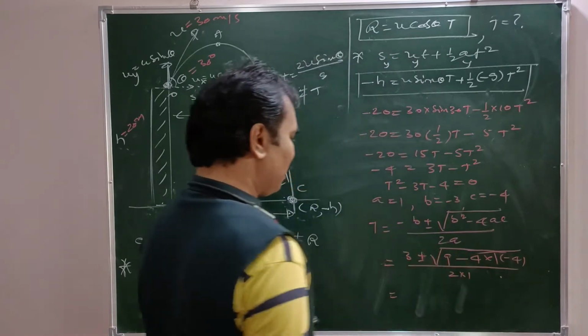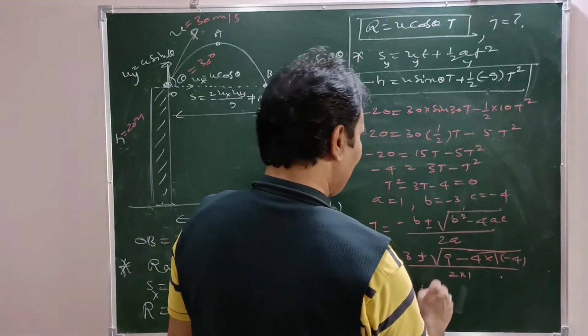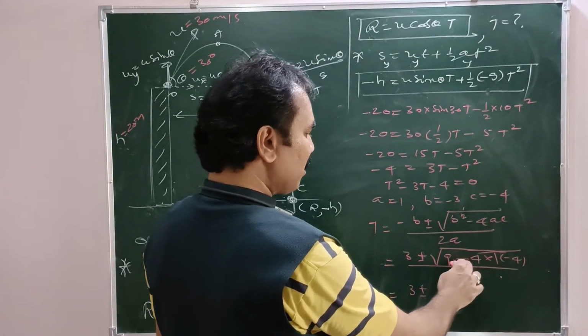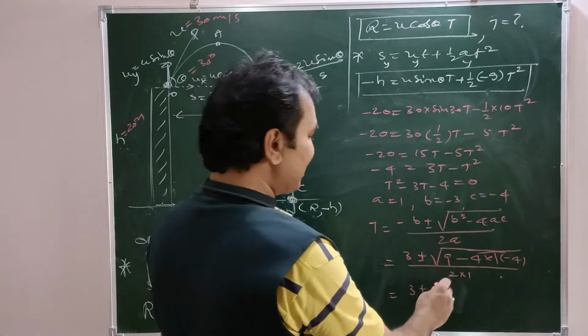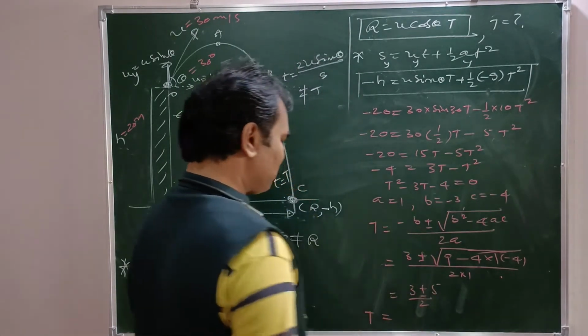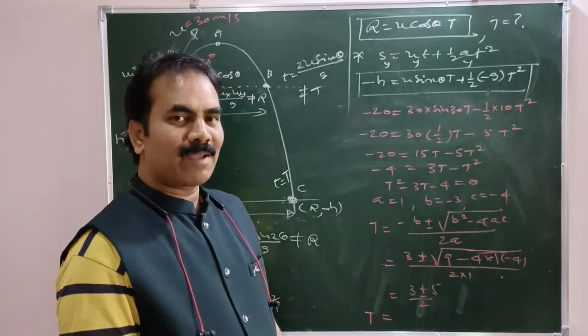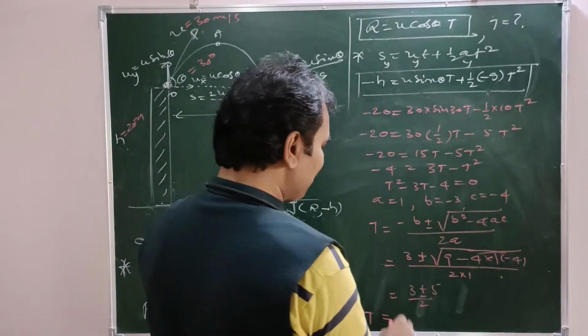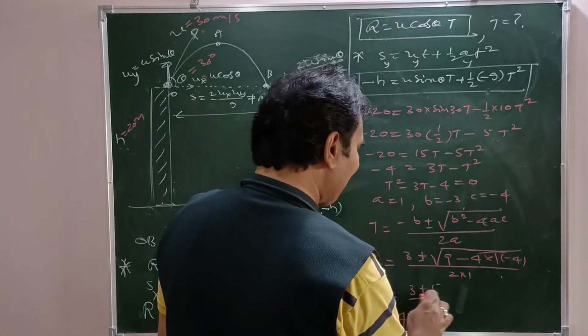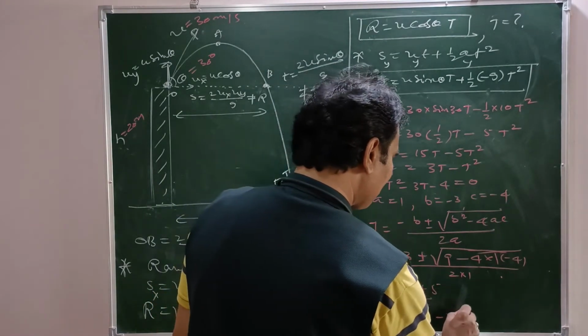So t is 3 plus or minus root of 9 plus 16, root 25, that is 5. So t has two values: 3 plus 5 by 2 and 3 minus 5 by 2. 3 plus 5 by 2 is 8 by 2, that is 4 seconds. The other root, 3 minus 5 by 2, is minus 2 seconds.